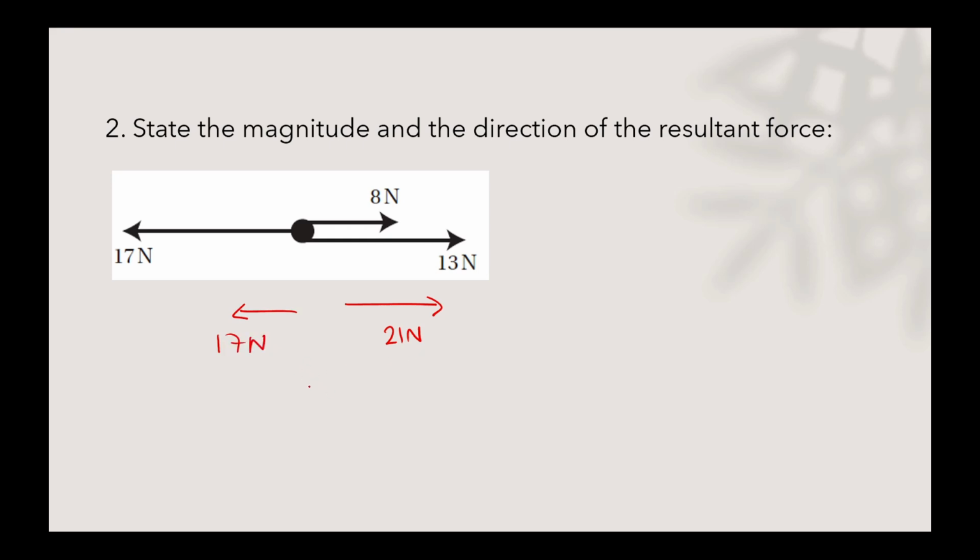So the answer is 4 newtons going towards the right. I can either write that, or write it as a vector, which is (4, 0), or in more vector notation, 4i plus 0j.